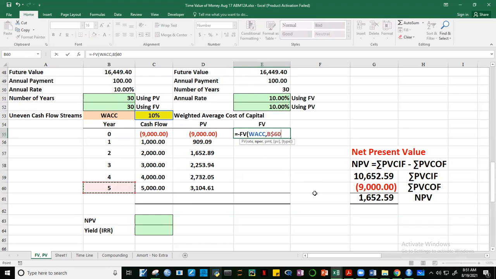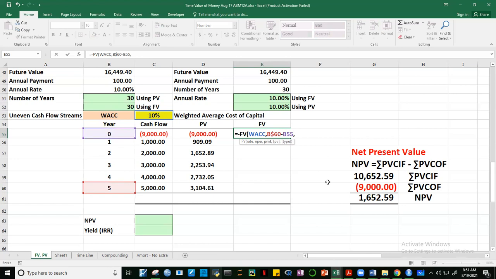Yan, B60, naka-fix yung row para hindi siya umalis sa row 60, and then minus 0. Minus year 0. Yan. So if I copy this down, magiging 5 minus 0, 5 minus 1, 5 minus 2, 5 minus 3. Okay, so that will now be our NPER.